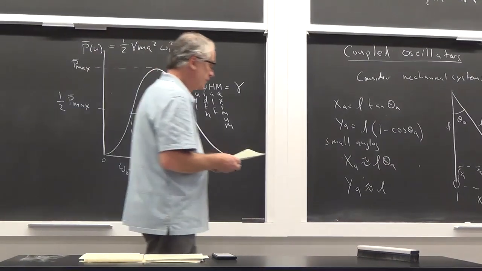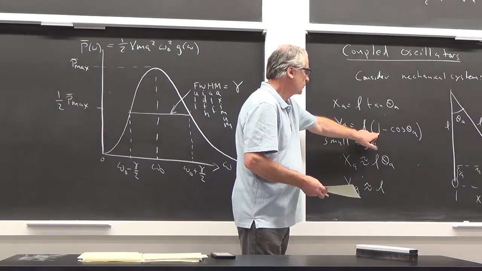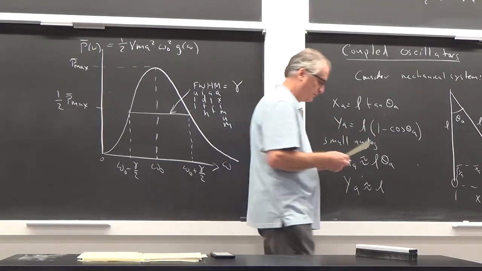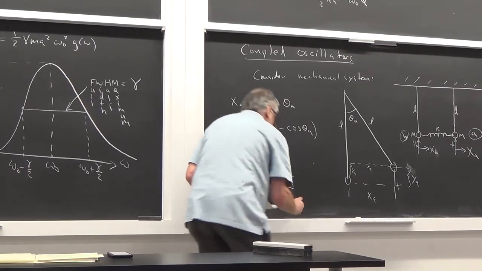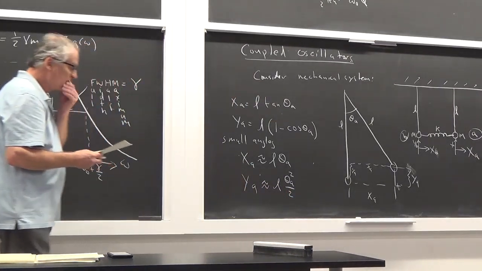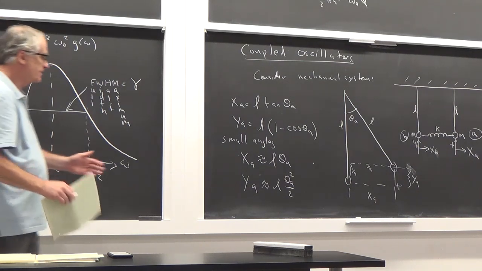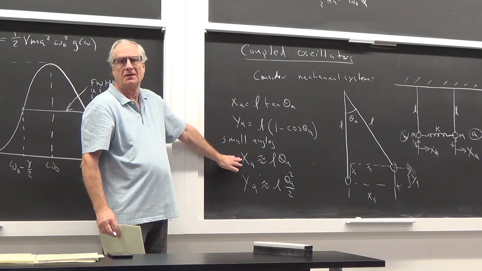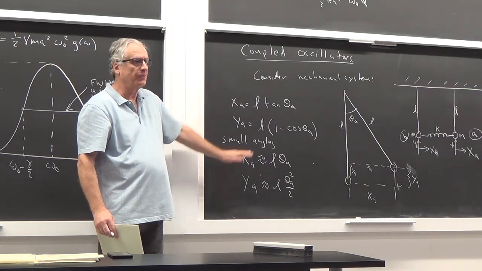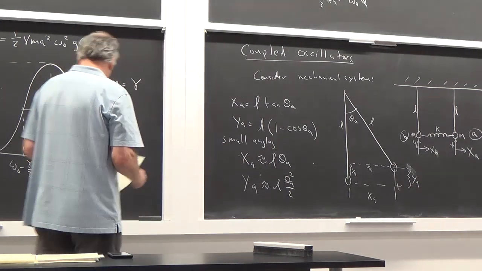So the 1 will cancel this 1, and we're left with theta sub A squared over 2. So for small angles, I can safely neglect y sub A compared to x sub A. So I'm going to be thinking about the x coordinate here.